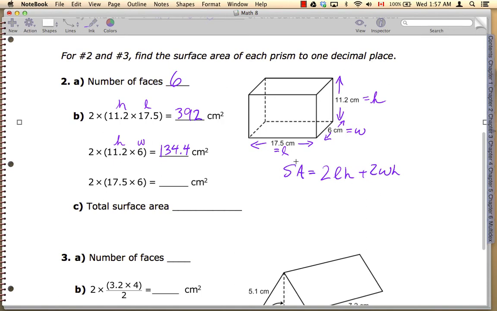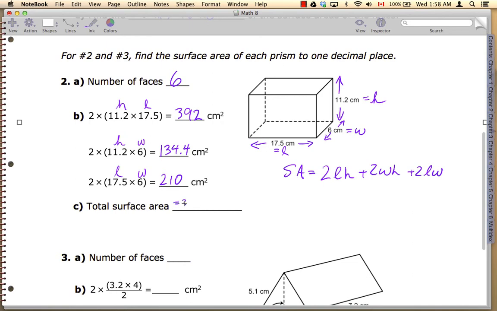So really this 17.5 times 6 is length times width. So 2 times length times width is our final piece for the surface area formula. And when you multiply these numbers, you get 210 square centimeters.